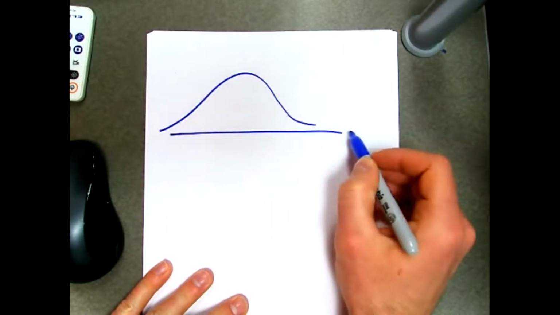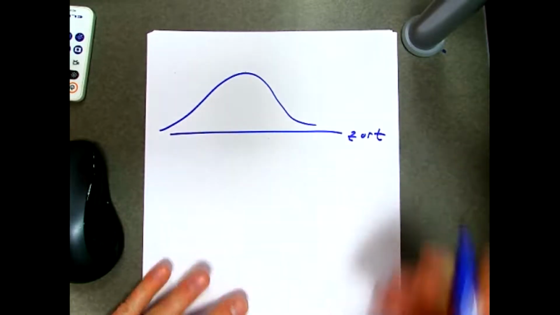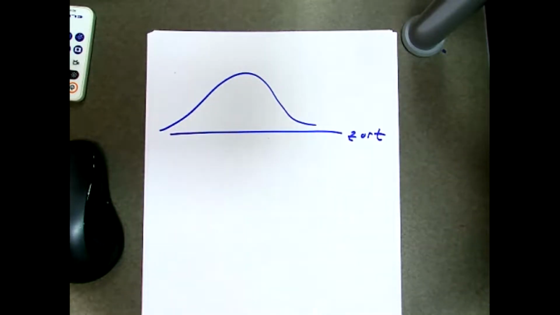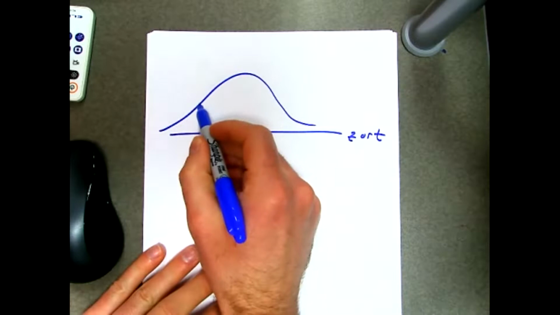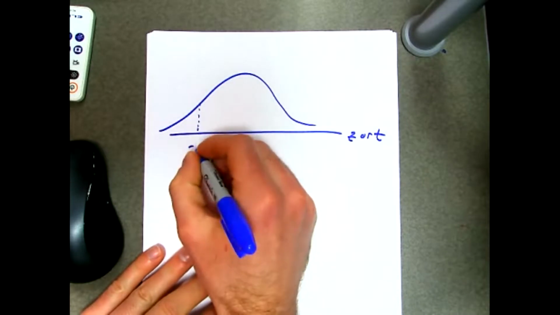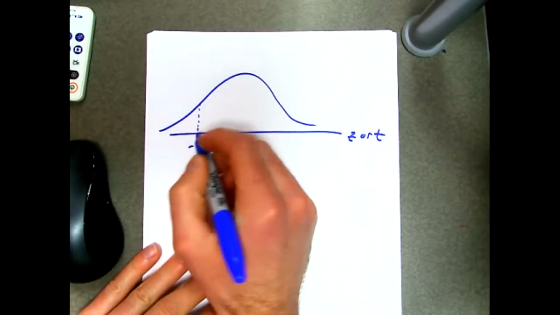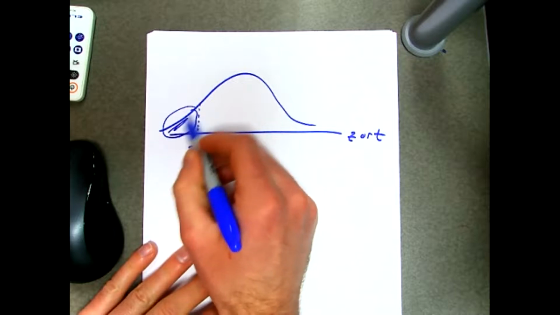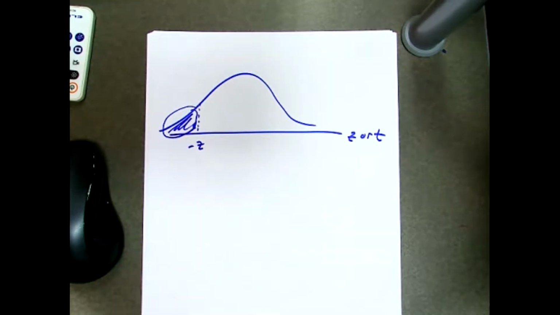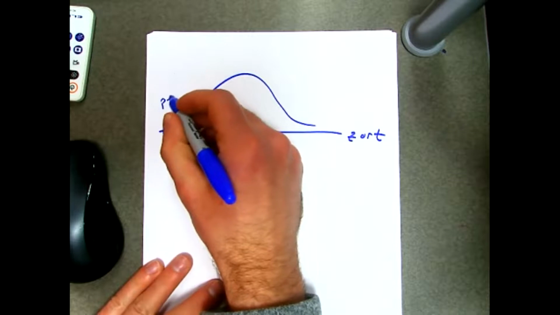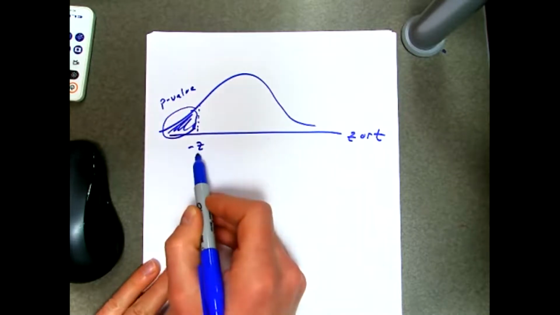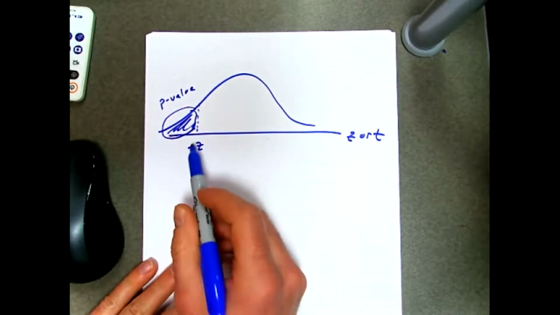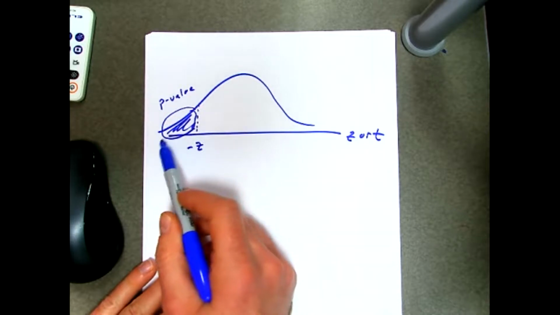thinking about finding my p-value. Well, once I calculate, whether it's a z or a t statistic, right? No matter what the example is, if I have this negative z value, I go look it up in the table, it tells me the area to the left, that is my p-value, right? For a left-tailed test, it's the probability I saw something as many standard deviations below the assumed true value or anything to the left.